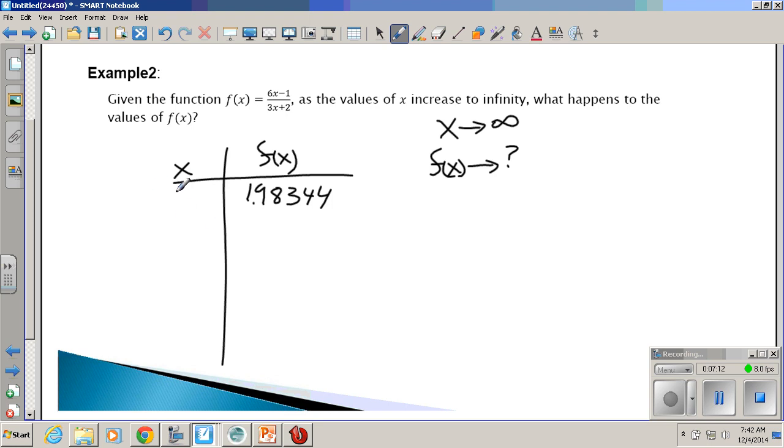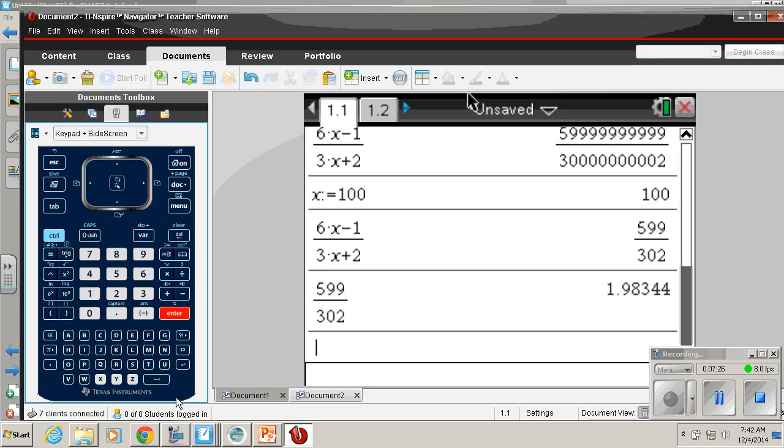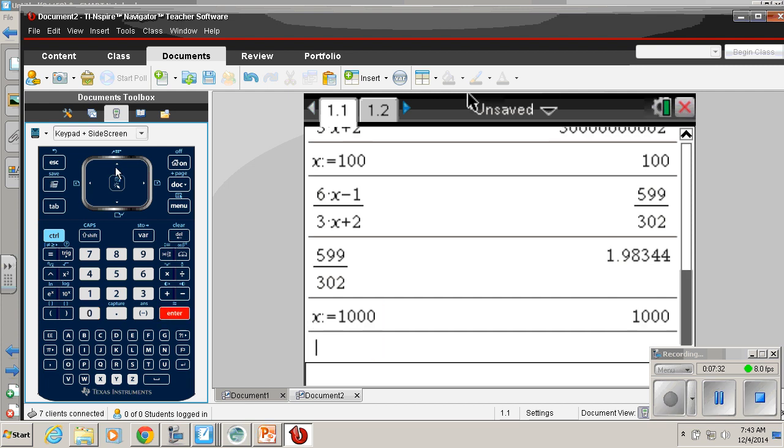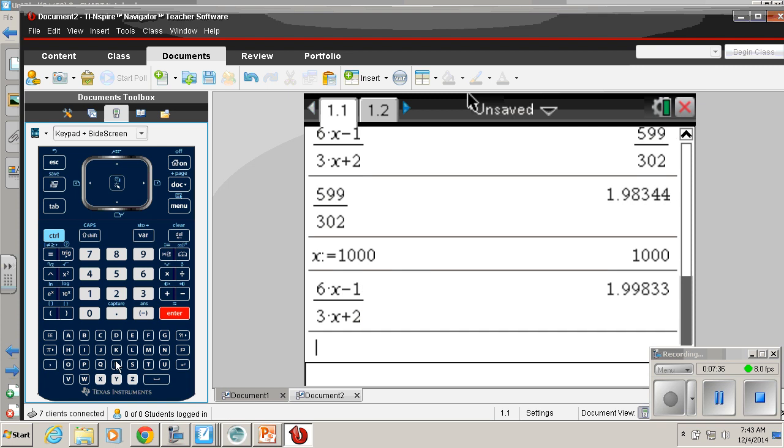Just drawing a table. This is with x is 100. Let's go a little bit. Let's go 1,000. So now I'm going to put in x as 1,000. $1.99833.